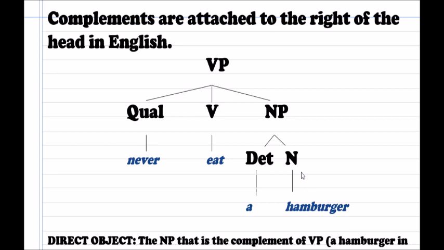Now, since complements are attached to the right of the head in English, eat is the head and the complement is a hamburger. Remember, if the noun phrase is a complement of the verb phrase, that is called a direct object, a hamburger in this example.